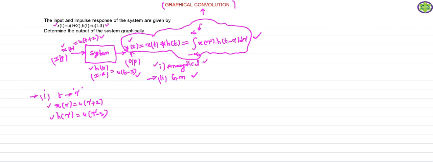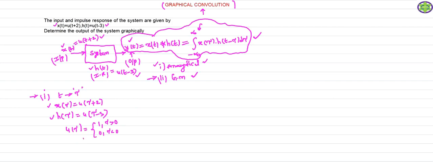How can you plot the x of tau and h of tau graphs? Here we have the unit step function. Already you know what the unit step function is. The unit step function u of tau is equal to 1 for tau greater than 0, and 0 for tau less than 0. Here I simply replace t by another variable tau.